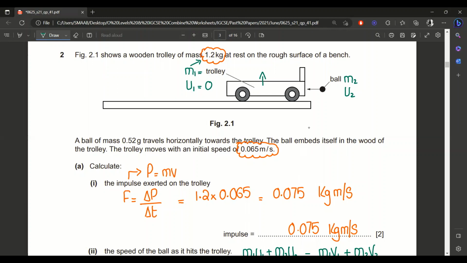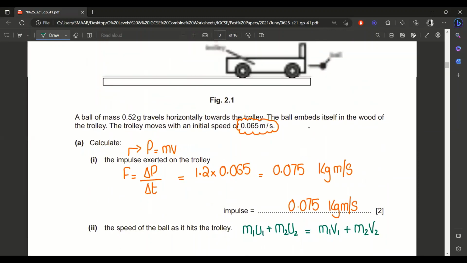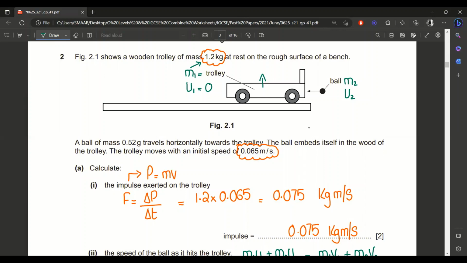And if we talk about the ball, they are talking about the speed of the ball as it hits the trolley. So we need to find out the speed at which it hits the trolley, and the mass of the ball is 0.52. So this is the initial condition, right?